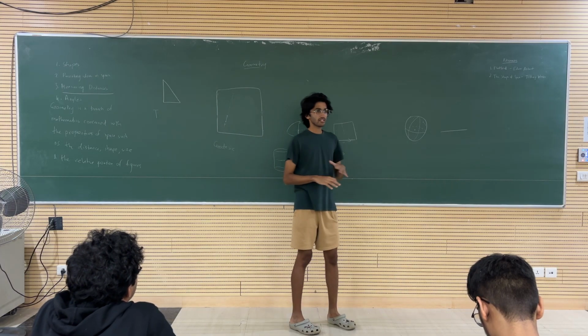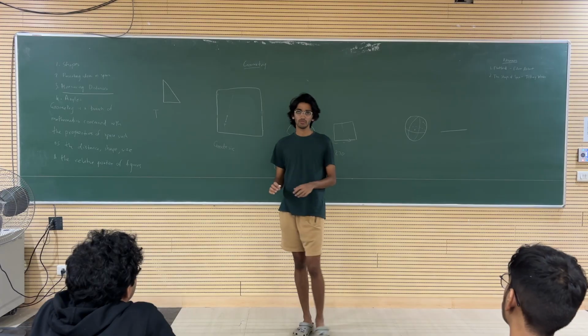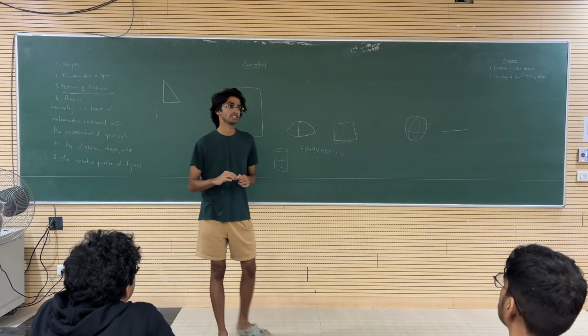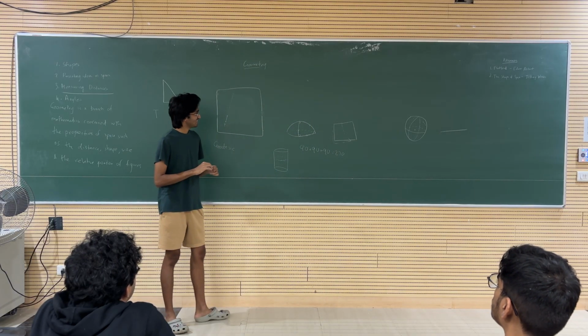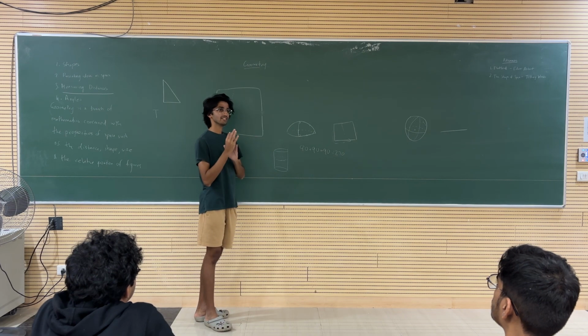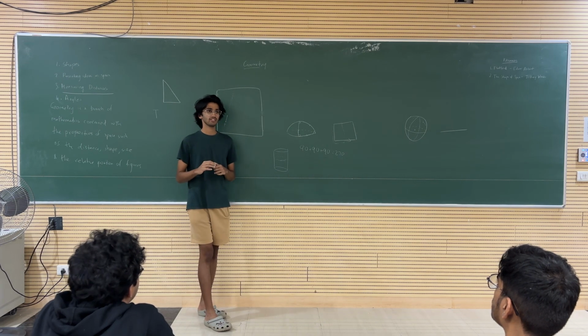Whenever it's not curved at all, or more precisely the Gaussian curvature is 0, then its angle sum would be 180 degrees, like in the Euclidean space.